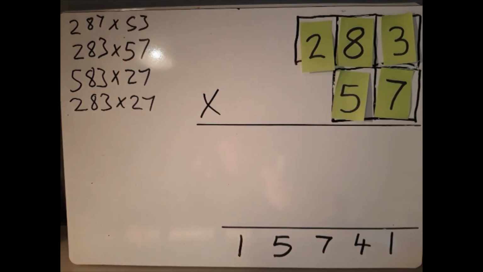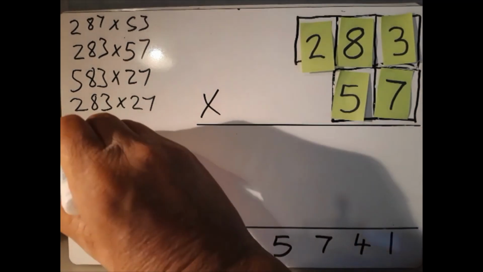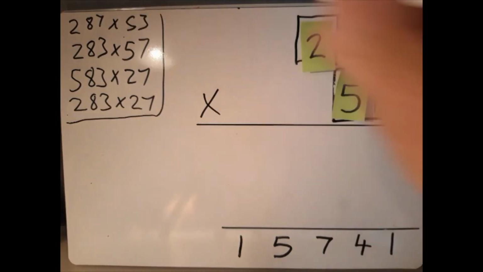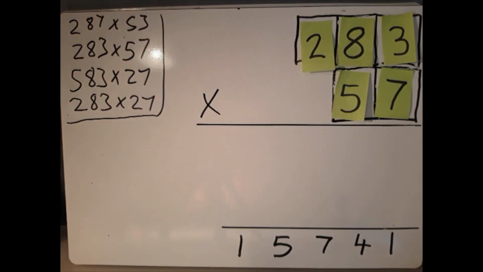So you've now got these four potential answers. All you need to do now is try them out, and when you get 15,741 as your answer, you will have found the correct one.